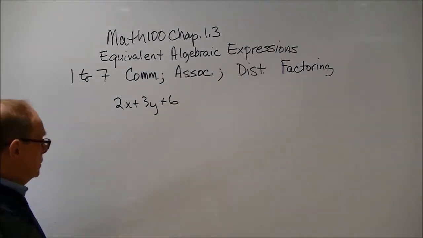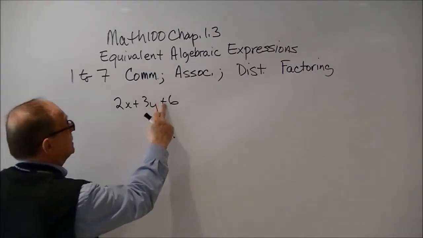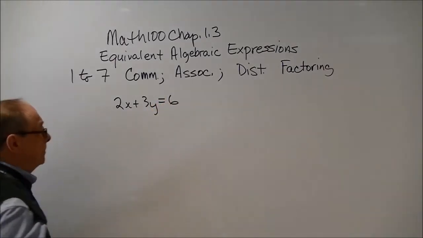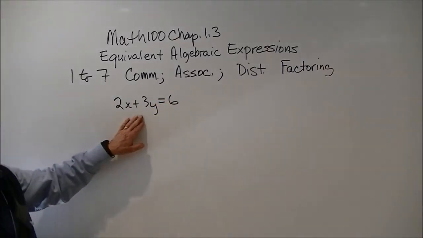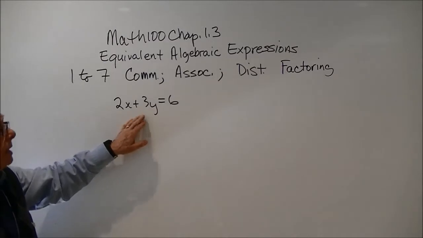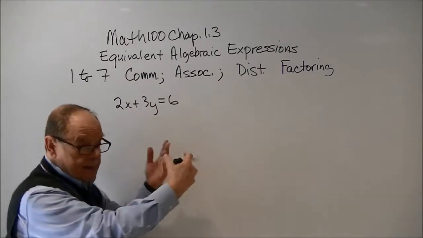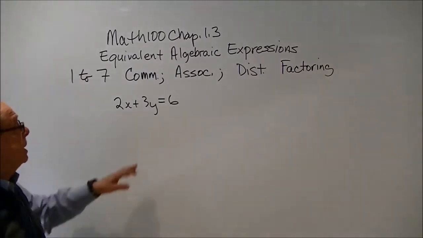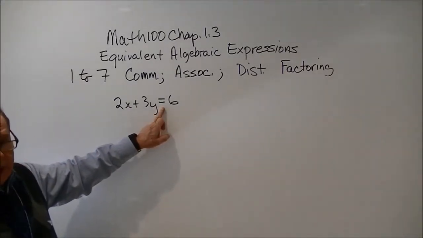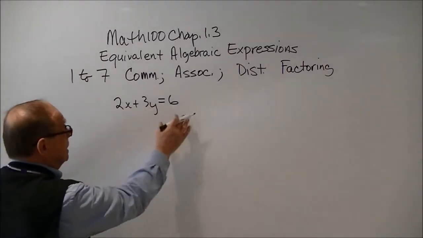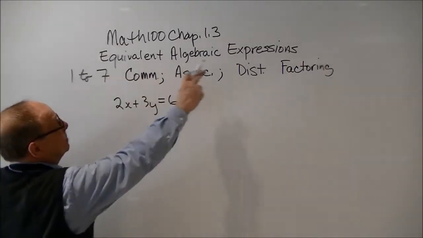Now, if you were to take out this plus sign and put an equal sign there, then this becomes an equation. The presence of an equal sign in a series of terms makes it an equation. Without the equal sign, it's just an expression.